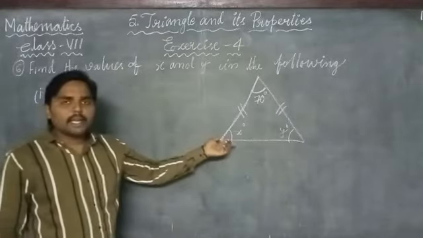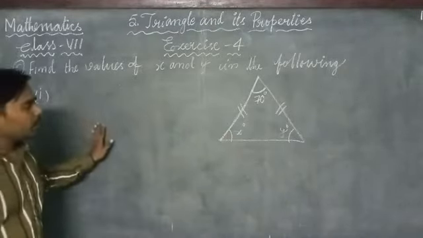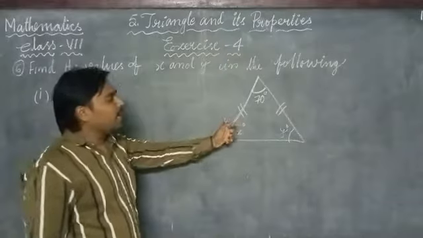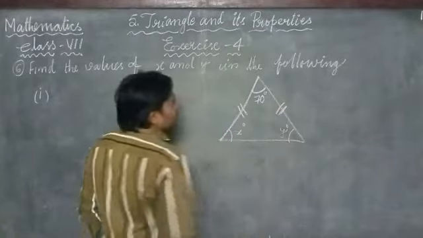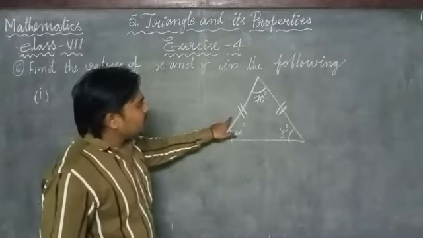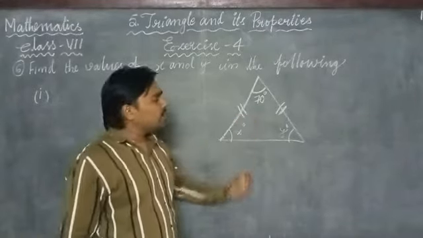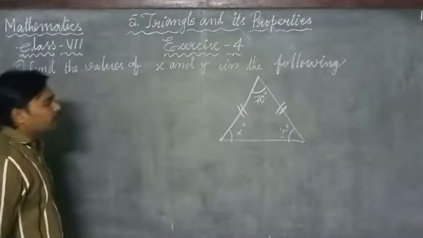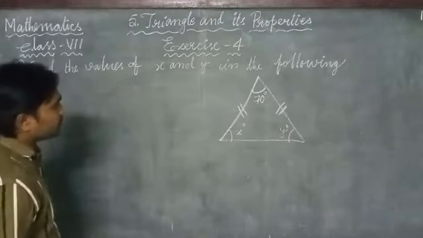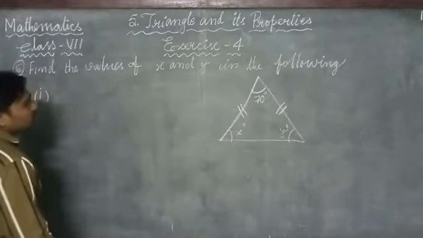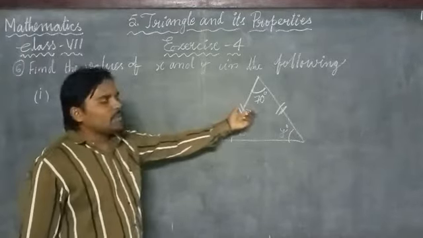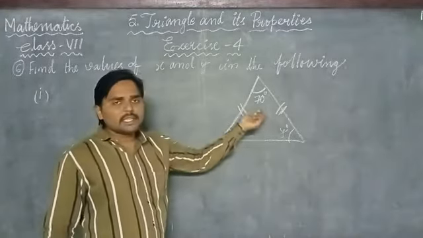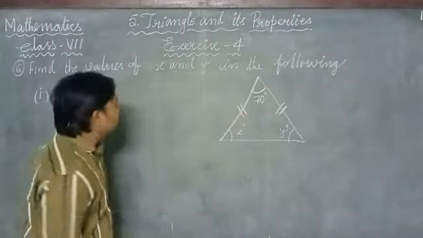Here if you observe clearly, it is an isosceles triangle. Why? Because the two opposite sides are equal in the given triangle. According to the property of equal sides, the angles opposite equal sides are equal.